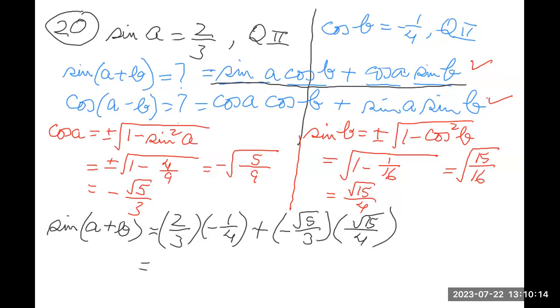So negative 2/12 minus root 5 times root 15, which is root 75, over 12. I can pull the negative sign out and then combine the two terms.